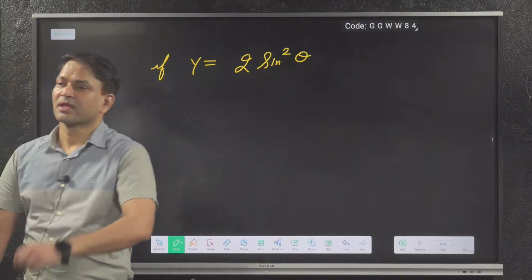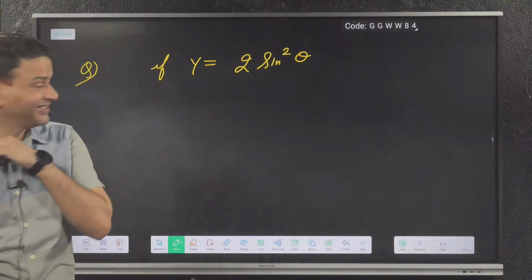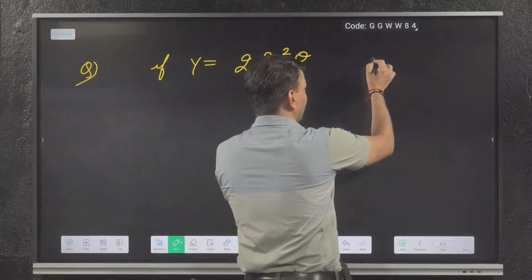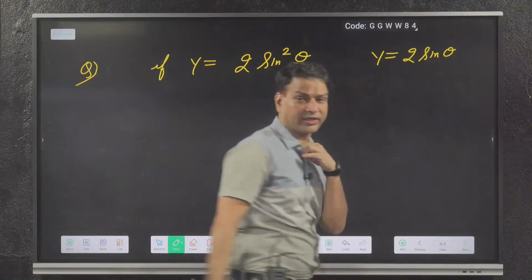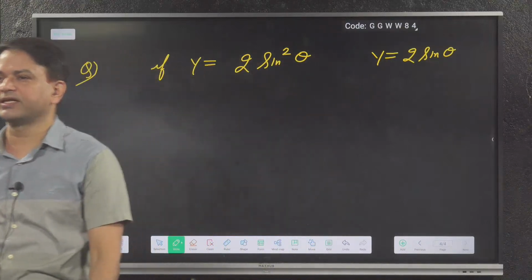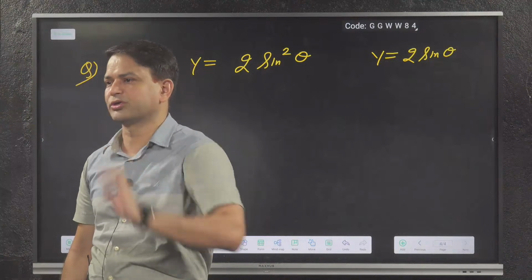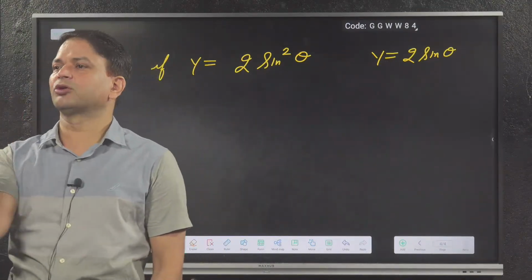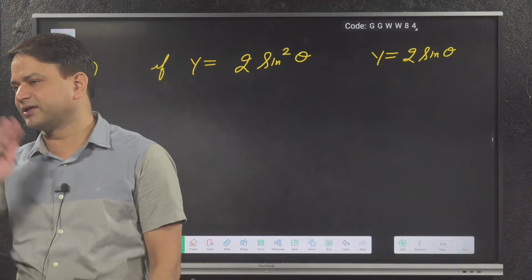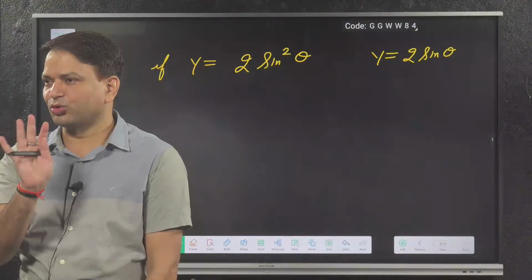Okay, now listen. If I gave y is equal to 2 sine theta, and I am asking what is the maximum and minimum value of y. Basically two numbers are there, 2 and sine theta. 2 is fixed.